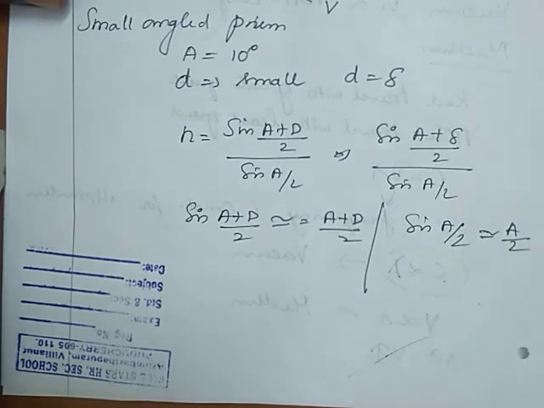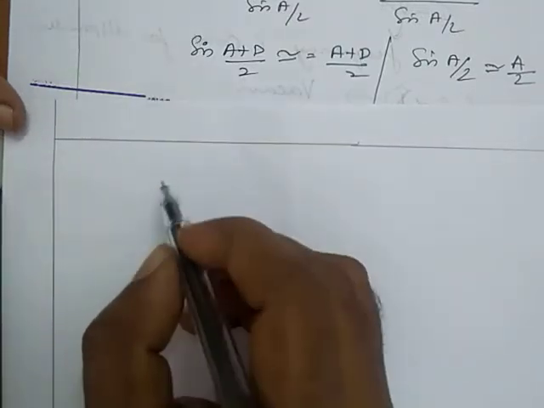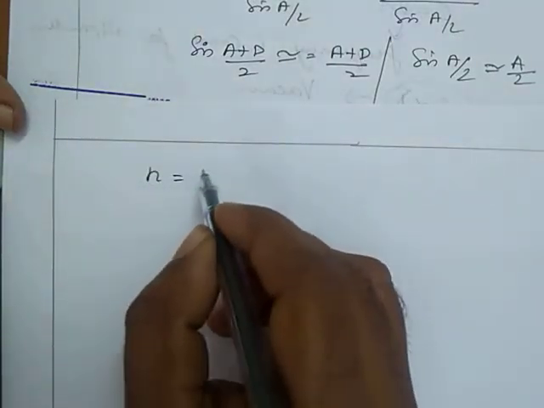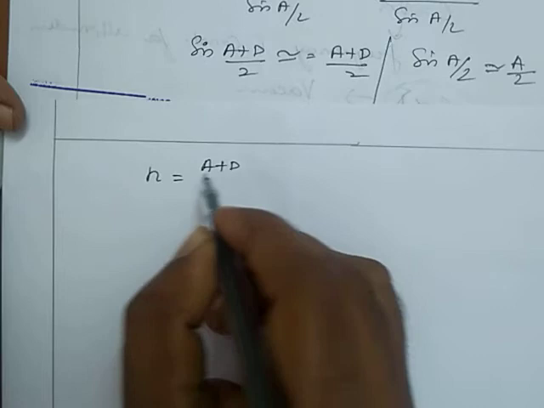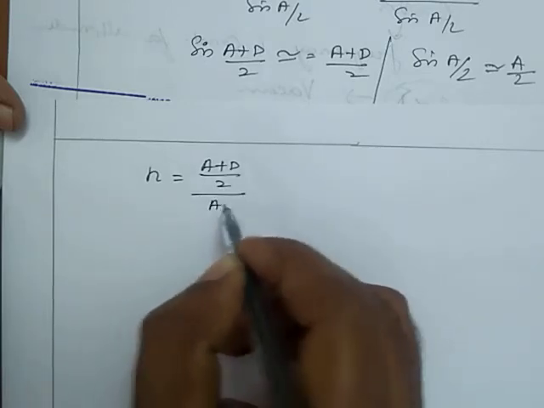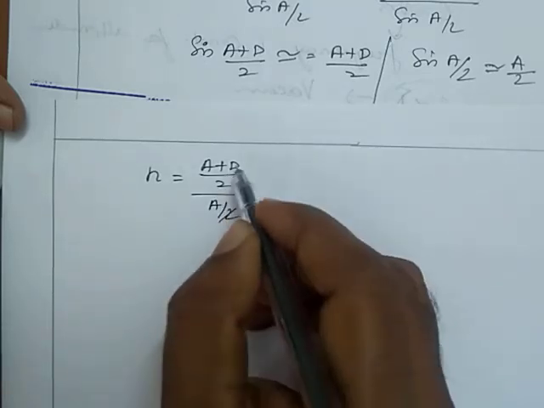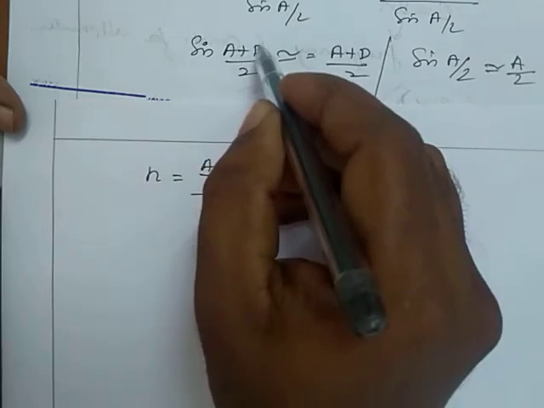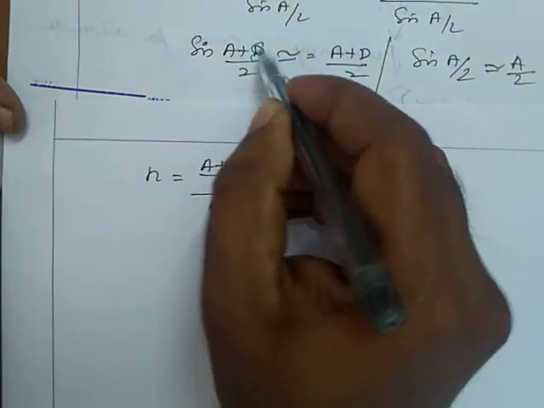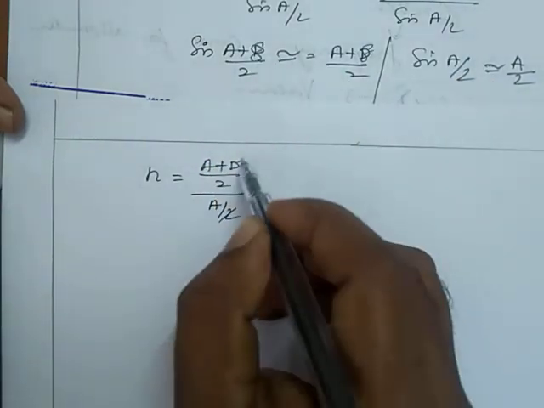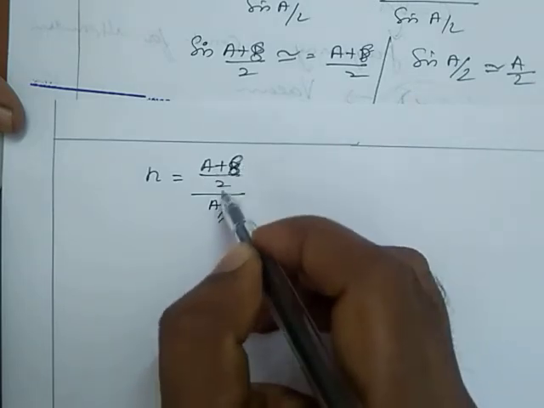Then the refractive index becomes n equals (A plus D) by 2 divided by A by 2. Here it is not D, that is delta. So we can write (A plus delta) by 2 divided by A by 2.